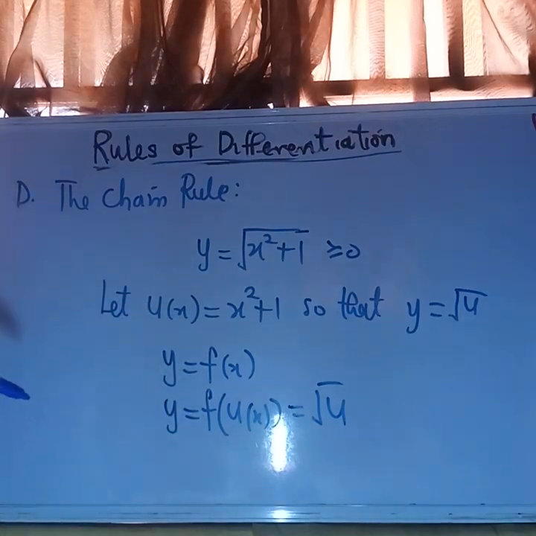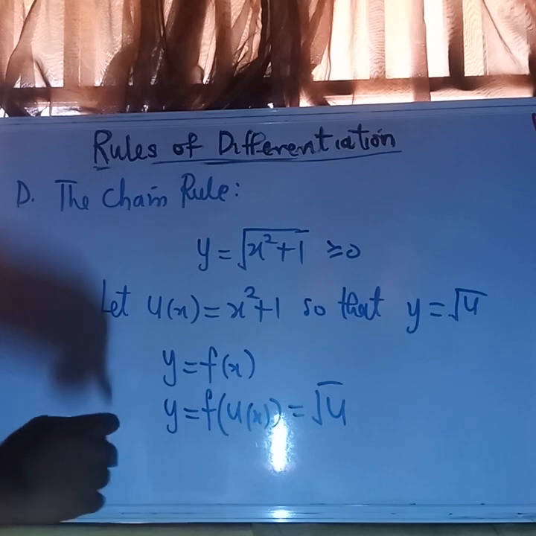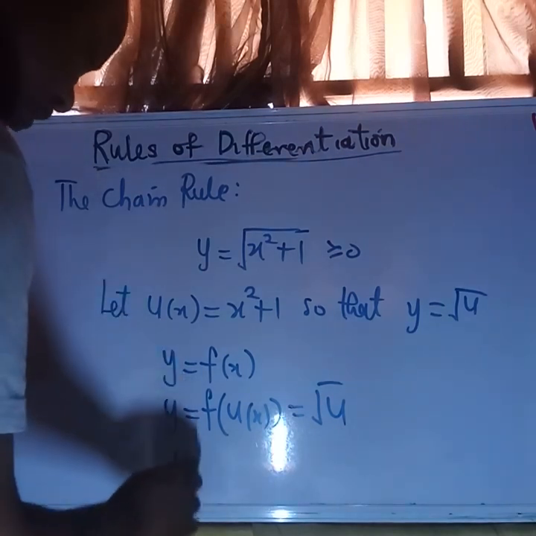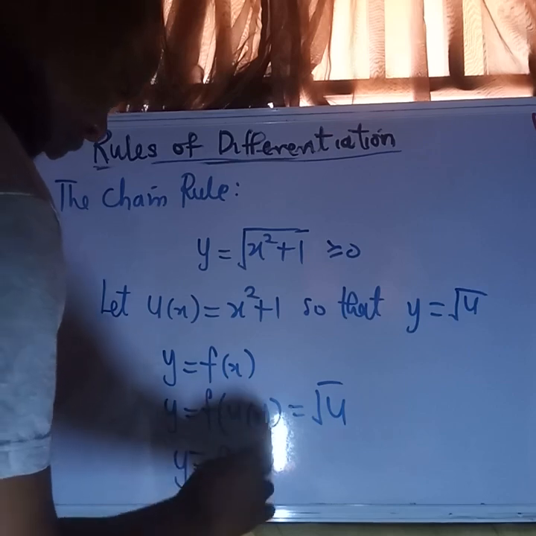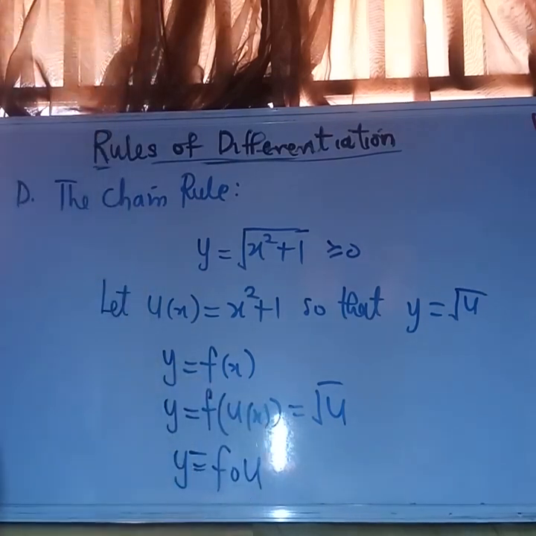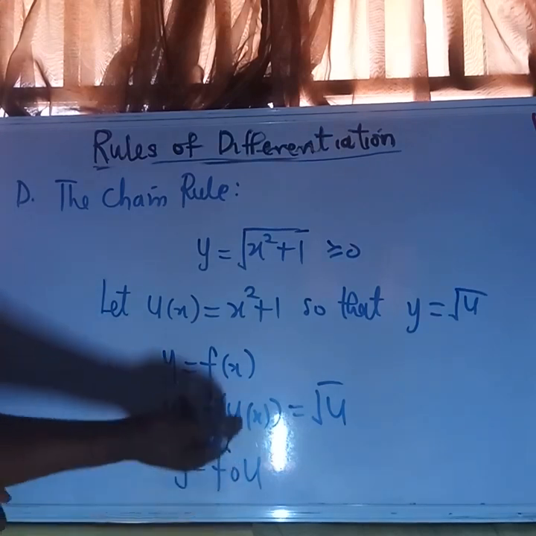In our elementary mapping, we refer to this as a composite function. In this case, we'll say this f is a function of the form f of u, which means a composite function, and this literally means what we have here.